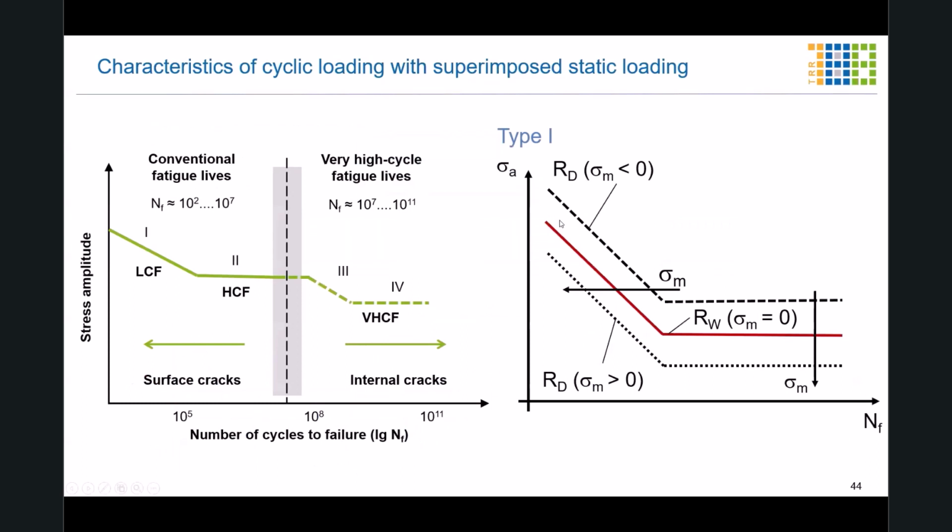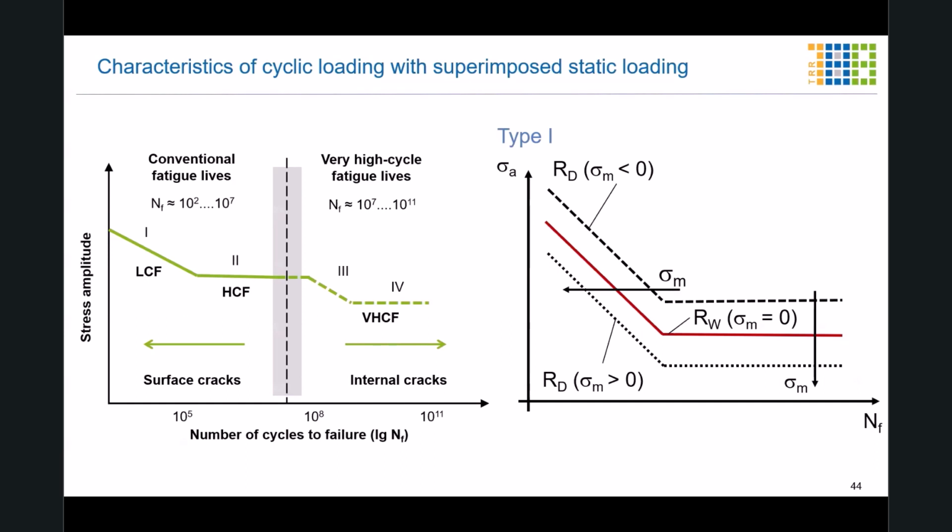Now I'll show you some typical Wöhler curves or SN curves, where we can see the different areas of the fatigue. For example, on the left, we can see an SN curve of type 1, or type 1 also on the right side.